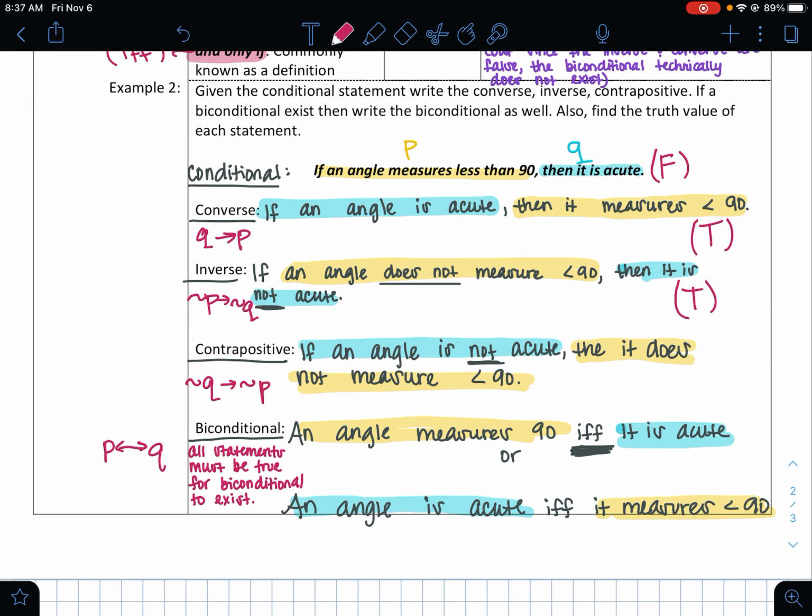Contrapositive, if an angle is not acute, then it does not measure less than 90 degrees. Well, since the conditional was false, the contrapositive is also false. So, since the conditional was false, but the converse was true, that means, since they're both not true, the biconditional technically does not exist. Even though I wrote it down just to give you guys an example of what it would look like, it does not exist because they both have to be true. And that's it.